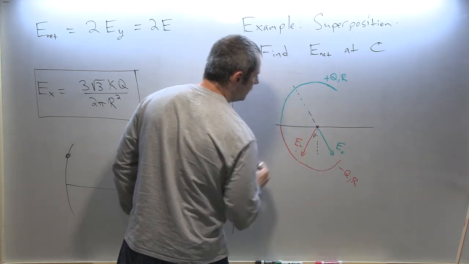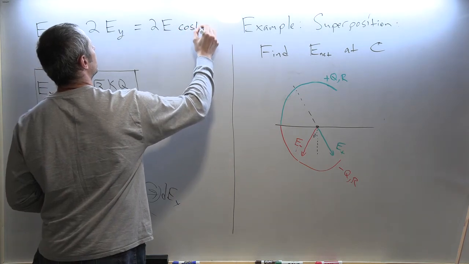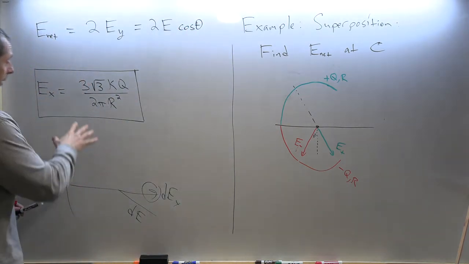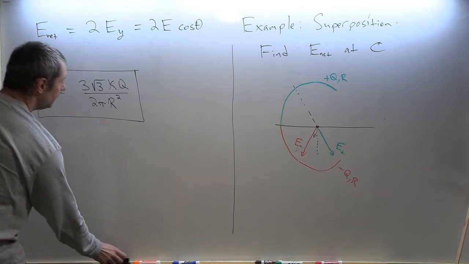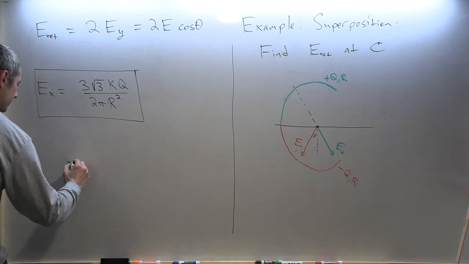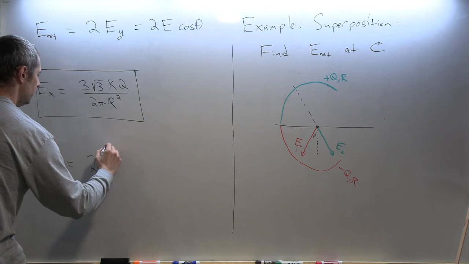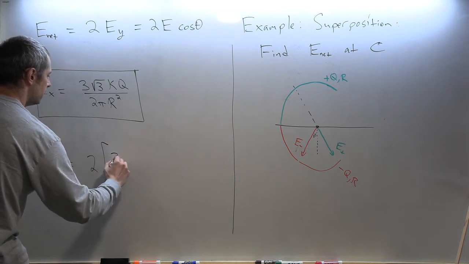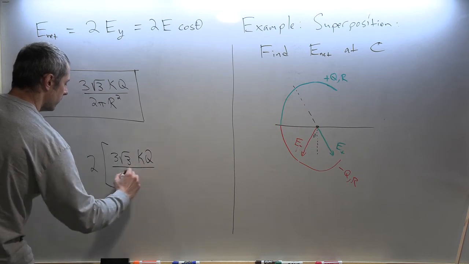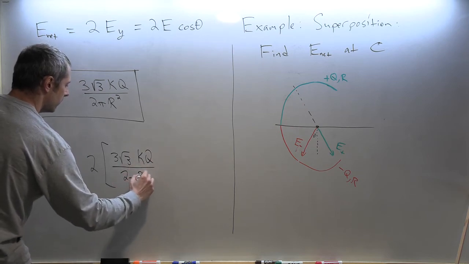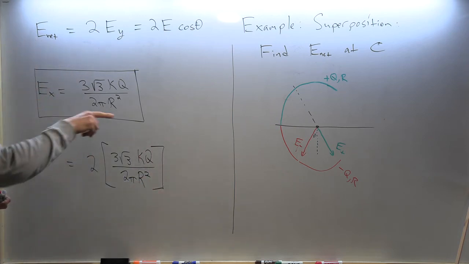right here, theta, then I can use the cosine function. Now, I don't want to erase this because I'm going to need it. So I'll go underneath it. So expanding that to the E of one of those arrows, which is here, times the cosine of that angle.